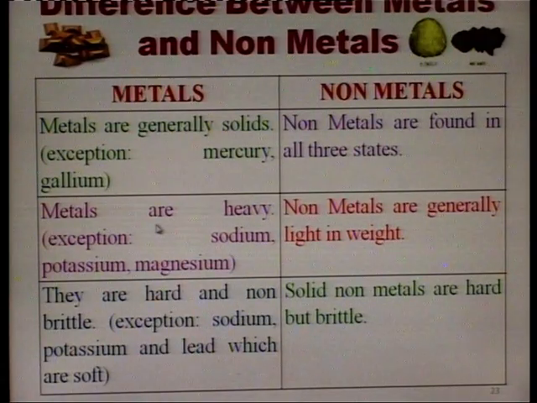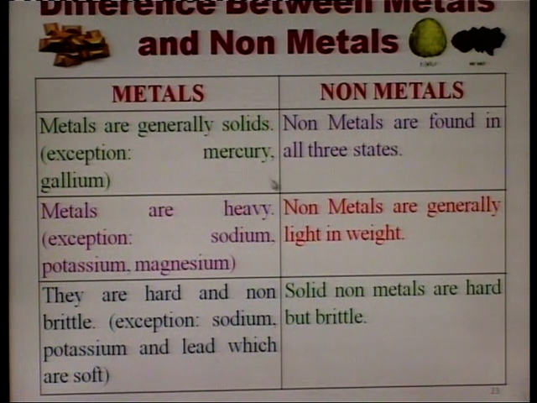Metals are heavy except sodium, potassium and magnesium. Metals are hard and non-brittle except sodium, potassium, lead, which are soft.